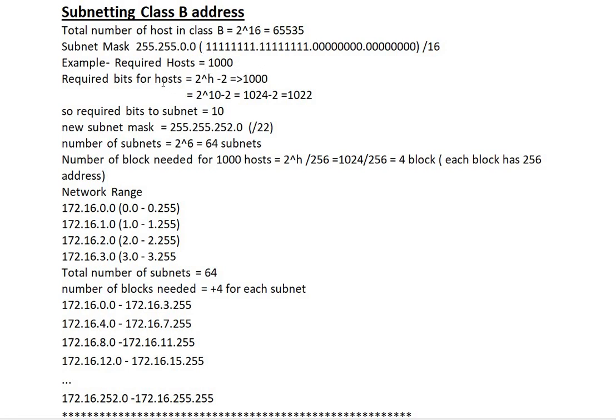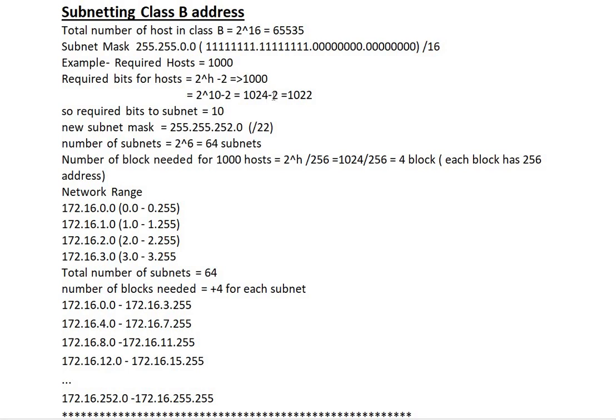If you find the exact number of bits needed for this 1000 host representation, it will be easy to subnet. The process starts with the number of hosts equal to 2 to the power h minus 2. It should be equal to or greater than 1000, because this is my requirement. If we write h as 10, it becomes 1024 minus 2. Two numbers are always reserved: the first, all zeros, is the network address, and the last, all ones, is the broadcast address.